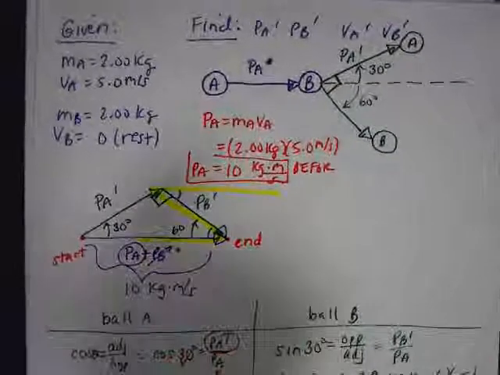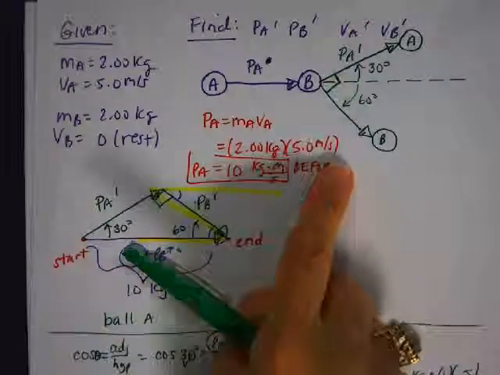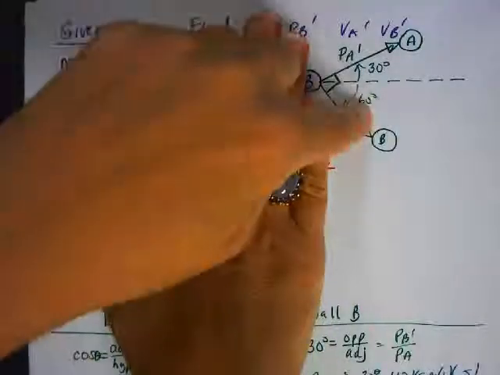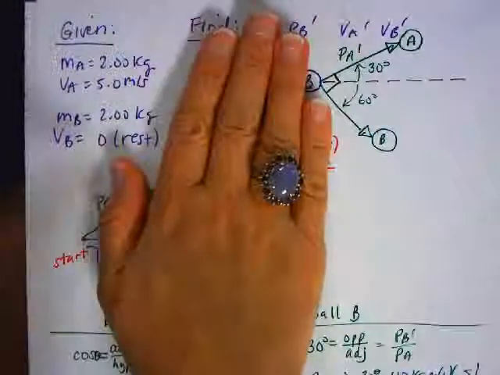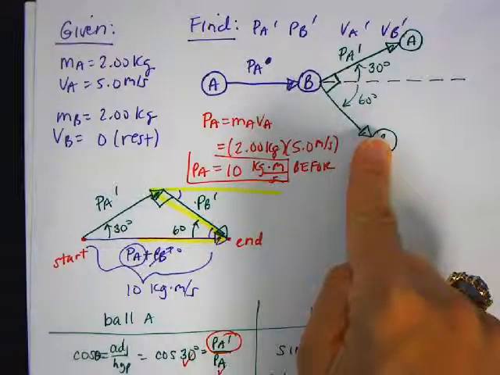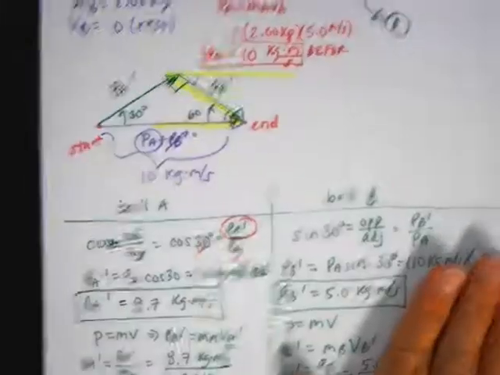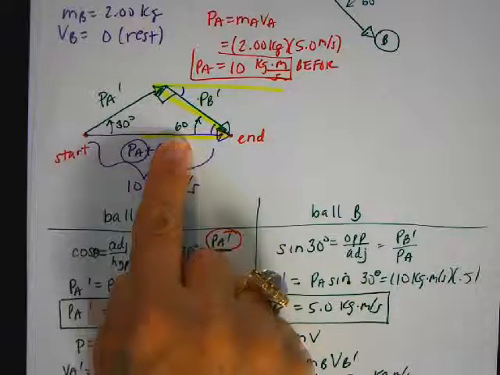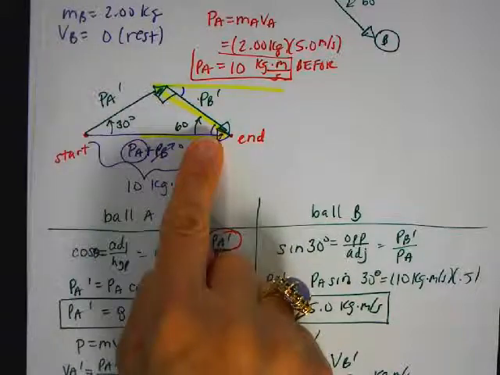So the total momentum before is equal to the total momentum after. Again, because these are vector quantities, we cannot add them algebraically, we have to add them vectorially. So the total momentum before is equal to the total momentum after, added head to tail. And that's it. That's how we do these types of problems.